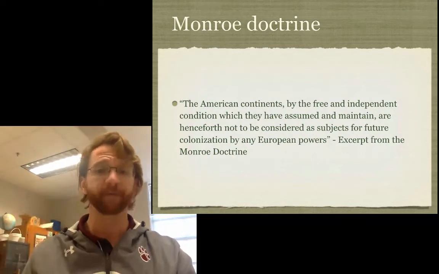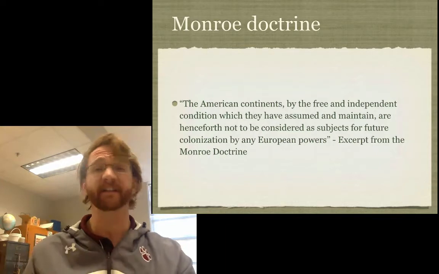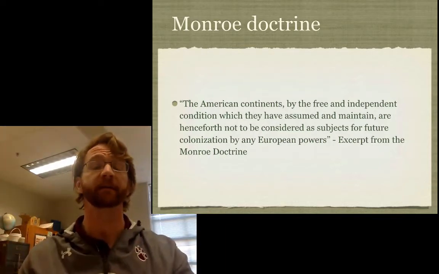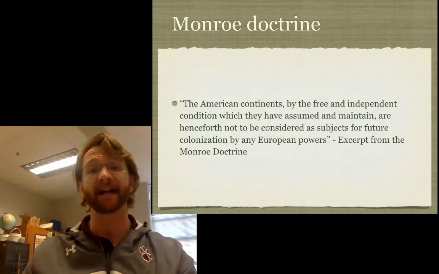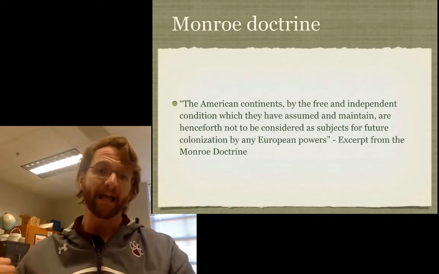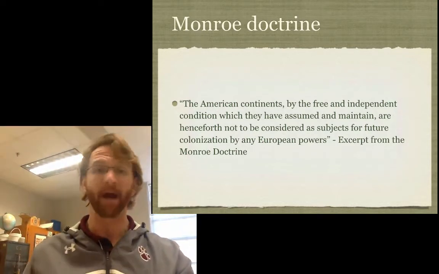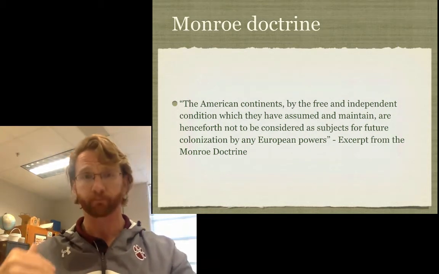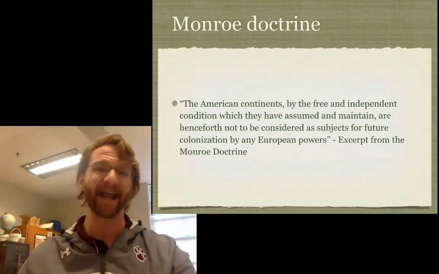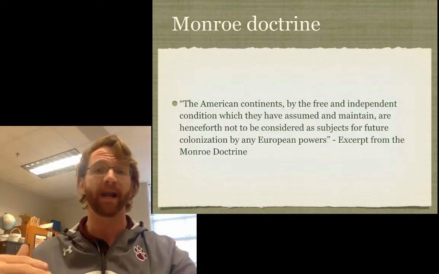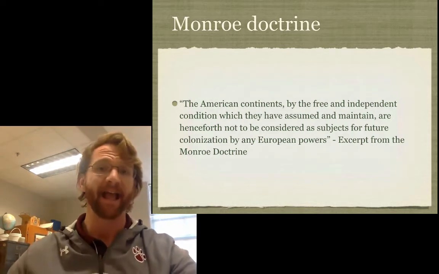Get out. They are free. Not only does he say that they are free because they earned the right to be free, he's basically saying that the United States has their back. Any step in by European powers to Latin America will be seen as an act of aggression or an act of war. America, the United States, has your back.